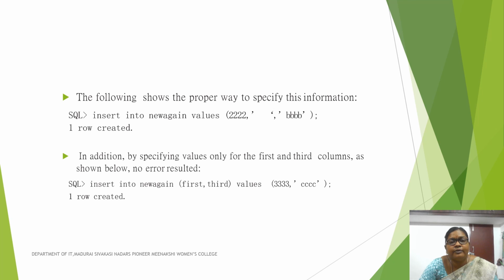When you try to give a value, you just mention the single quote, whether it is a character or an empty space. Now one row is created successfully. In addition, we are going to specify the values for a particular column.